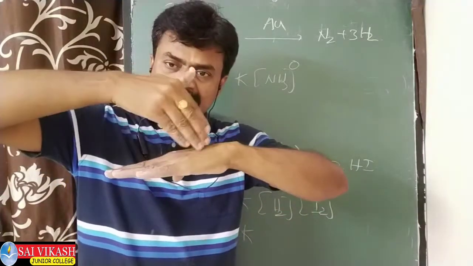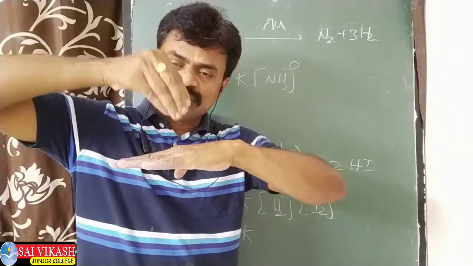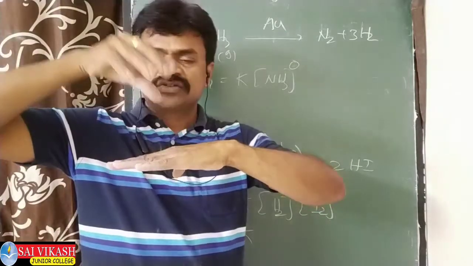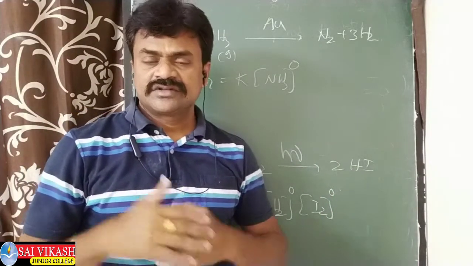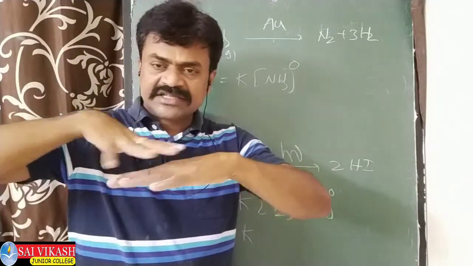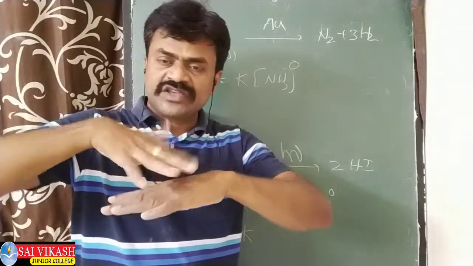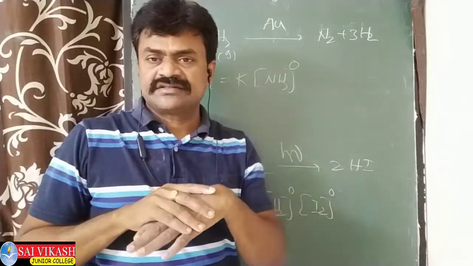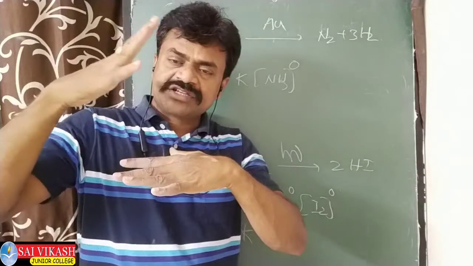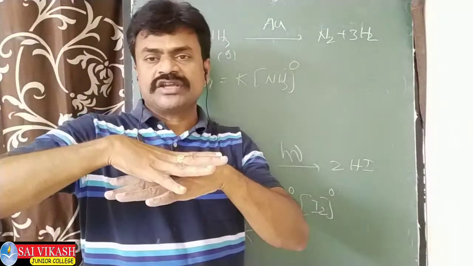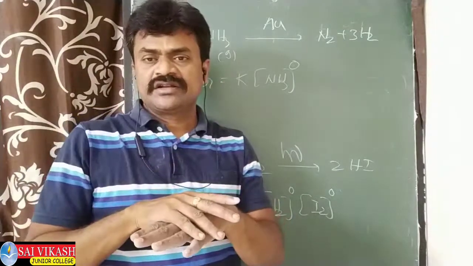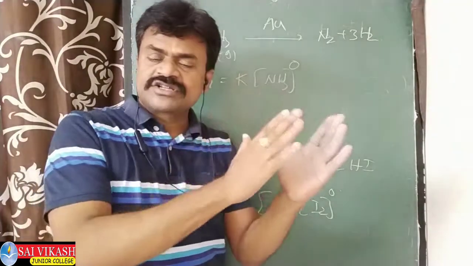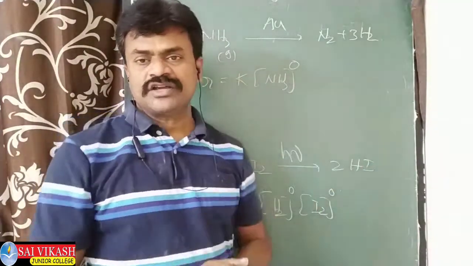So whatever its capacity, that much gas only it can occupy. So that much speed only is going on. The capacity of the available space we cannot increase or decrease. That's why the occupation is always at constant speed, the rate is constant, and the product formation is also at constant speed.